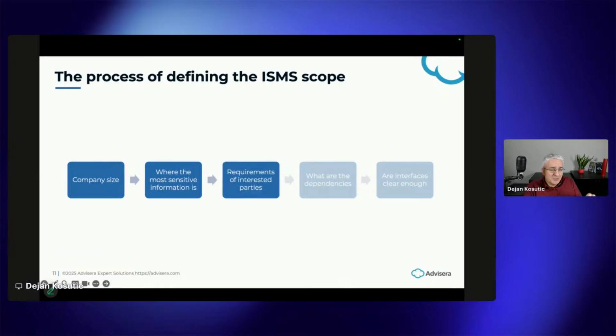You also have to consider the requirements of interested parties: what your customers require, what the government requires. Think about what the dependencies are, and think about whether the interfaces are clear enough. Then, when you go through these steps, you can define what the scope in your company is.